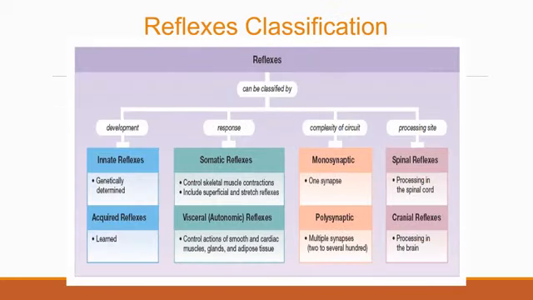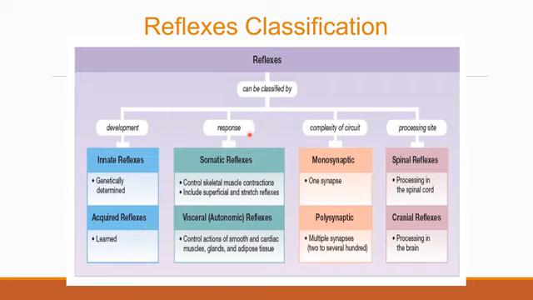So this is the classification of reflexes. They can be classified by development: innate, from birth itself, where the reflexes are genetically determined, and some reflexes are learned as a child grows, that is acquired reflexes.